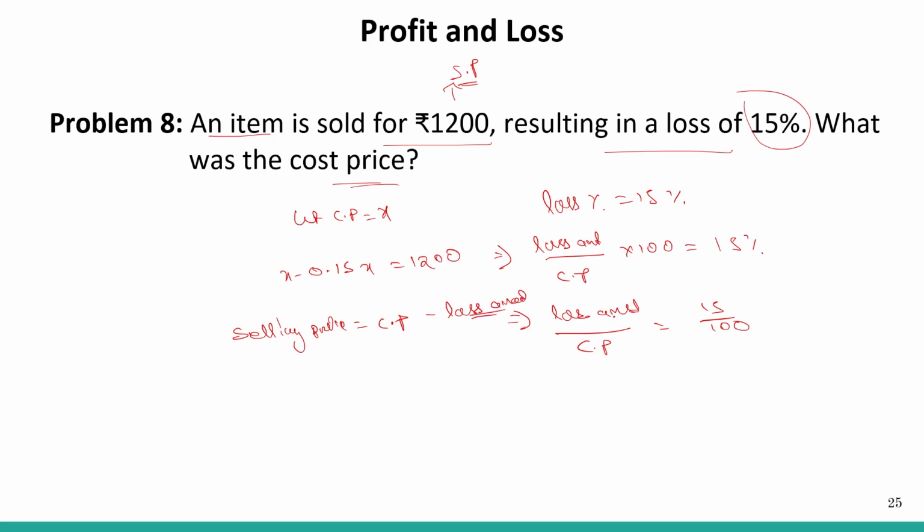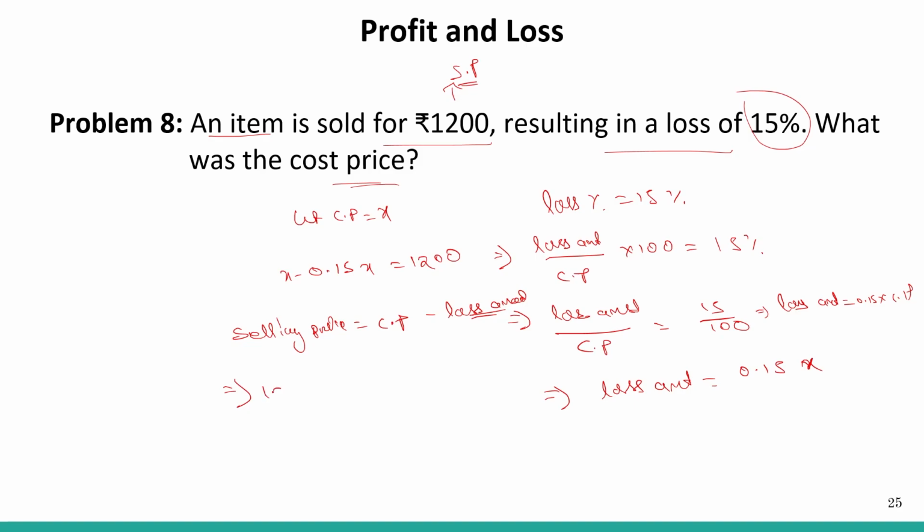So what is the loss amount? It is 0.15 into CP. Since we have assumed CP as X, this will be the loss amount. So selling price is equal to this.